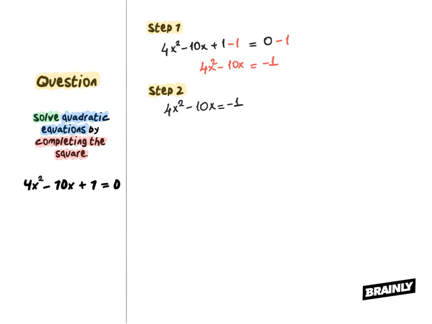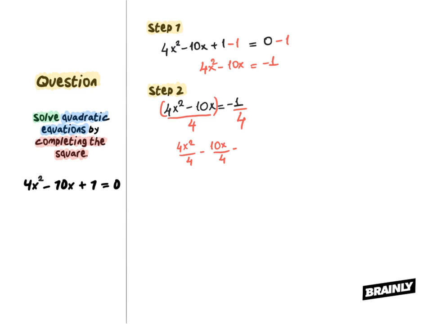Well, to do that, since I'm multiplying by 4, I'm gonna divide both sides by 4. On the left side, we have to be careful because really this would be a 4x squared over 4 minus 10x over 4.